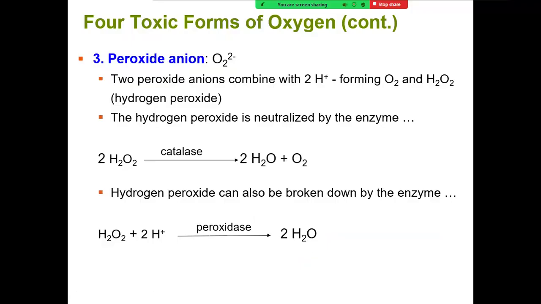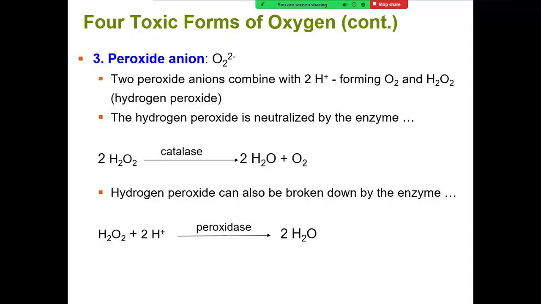So hydrogen peroxide is a peroxide anion. Specifically, a peroxide anion is O2 with two extra electrons, giving it a 2 negative charge. This molecule can combine with two hydrogen plus ions to make hydrogen peroxide.